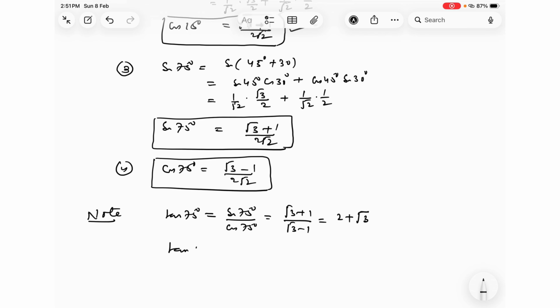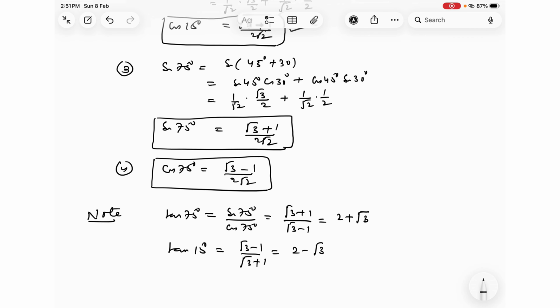And tan 15 degrees value will be equal to sine 15 by cos 15, that is root 3 minus 1 by root 3 plus 1, which will be equal to 2 minus root 3. So all these values have been proved using compound angles. And many questions in compound angles, we can solve using these formulas.